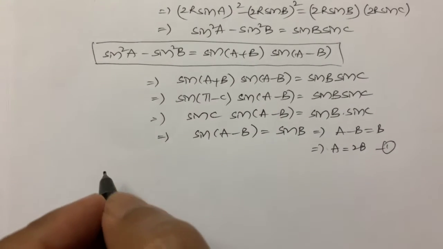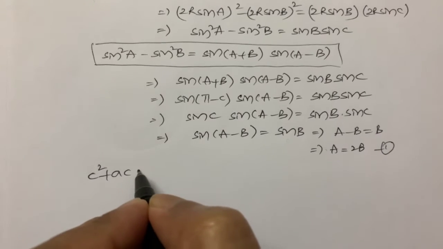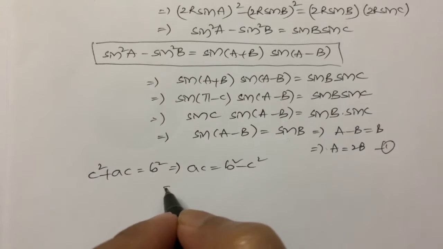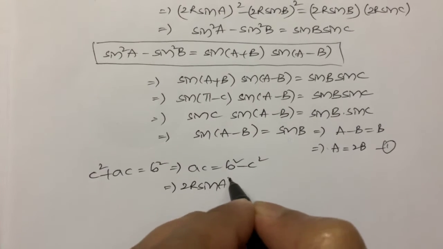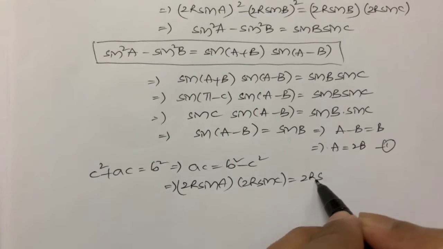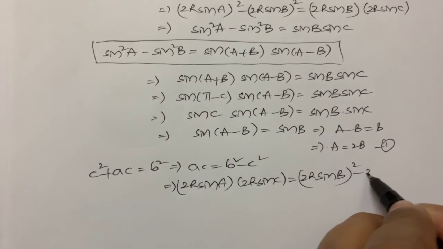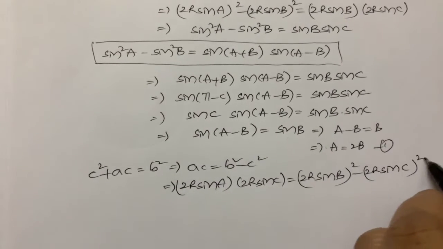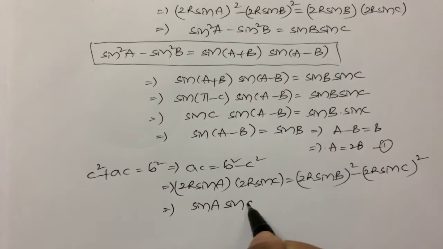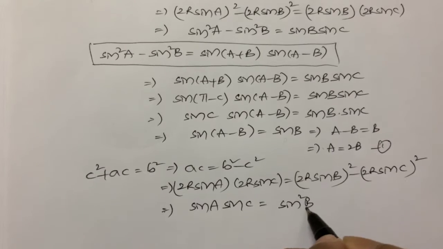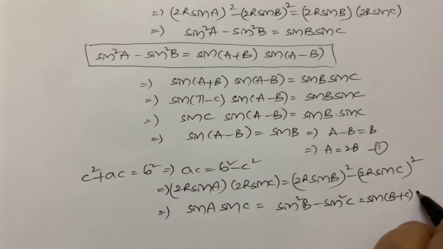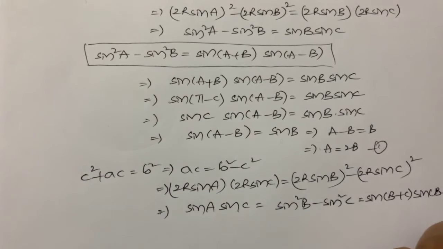And then if I solve the other one, c² + ac = b², so ac = b² - c². Similarly, 2R sin A times 2R sin C = (2R sin B)² - (2R sin C)². If I cancel 4R² on both sides, sin A sin C = sin² B - sin² C, which is sin(B + C) sin(B - C).